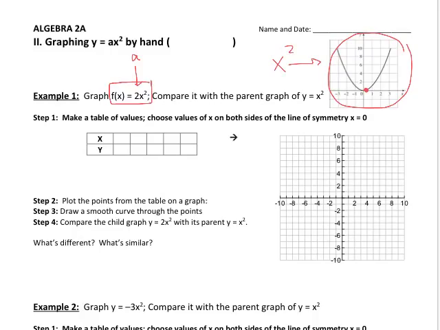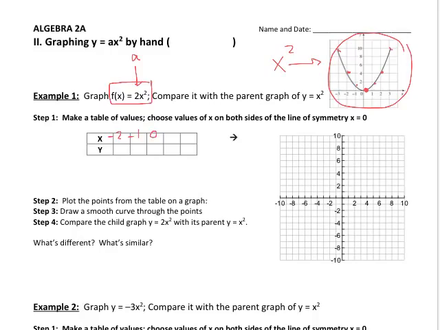And that it goes through, let's see, negative 2, 4, 2, 4, 3, 9, and negative 3, 9, and we also have negative 1, 1, and positive 1, 1. So those are just some points. We're going to go ahead and make a table of values. When you do your table of values, you want to pick some x values on the left side of 0.